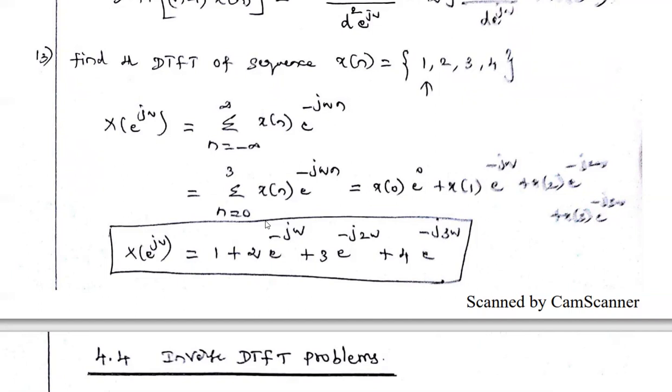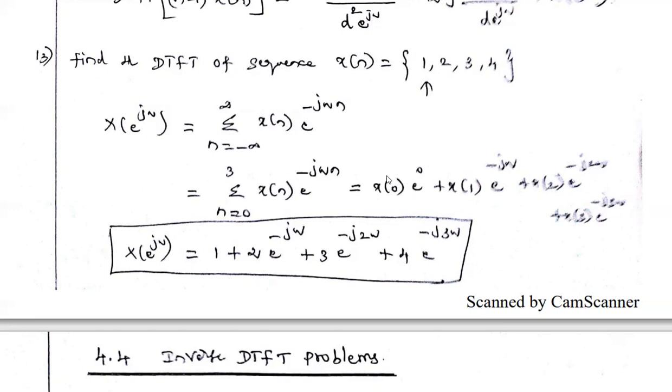First, put n equal to 0: x of 0 into e power 0, plus put n equal to 1, x of 1 into e power minus j omega, plus n equal to 2, x of 2 e power minus j 2 omega, plus x of 3 into e power minus j 3 omega. Now we have to substitute the values of x of 0, x of 1, x of 2, x of 3 in the above equation.